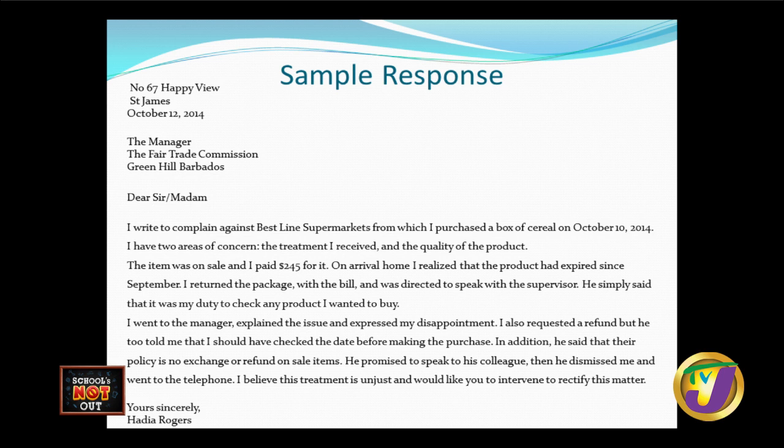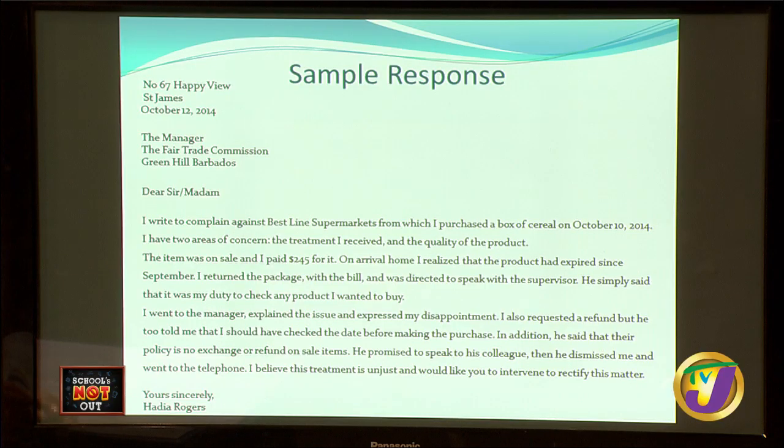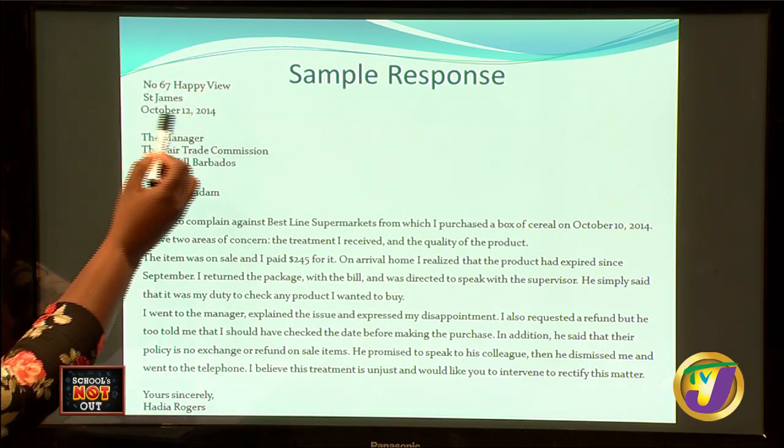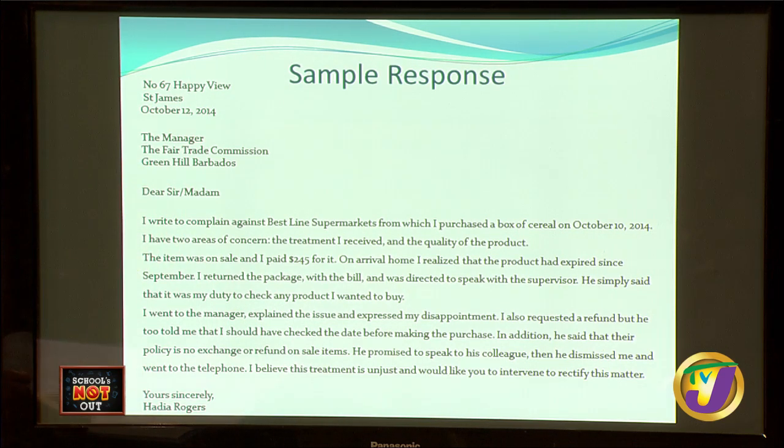Okay, so let's quickly get to the sample. Be careful to look at the organizational structure. So, for example, Number 67, Happy View, St. James, October 12, 2014. So we have our address and our date. Then we have our inside address: the Manager, the Fair Trade Commission, Green Hill, Barbados.